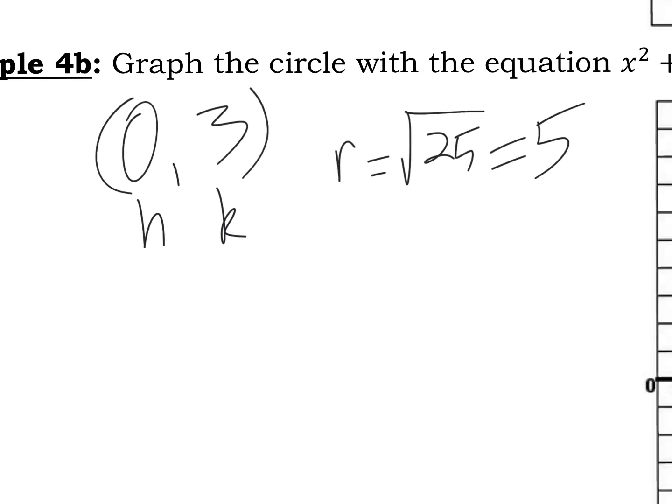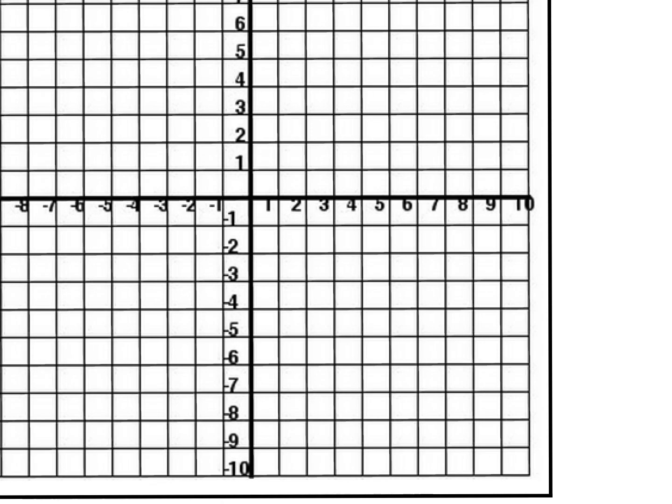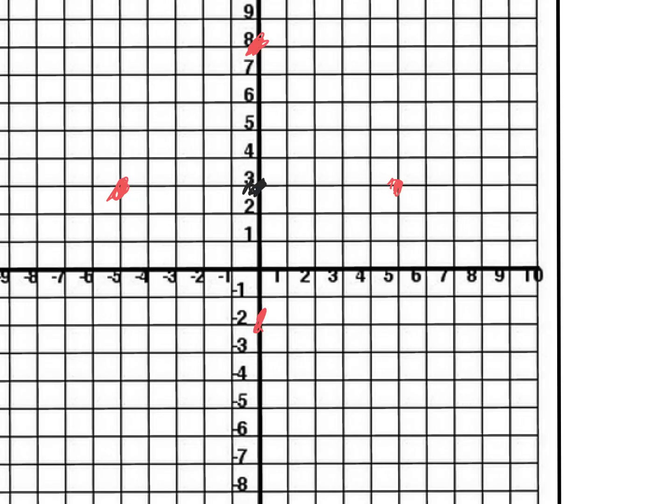So I'm going to go to 0, 3, and plot that point, and then I'll plot 4 points going 5 up, down, left, and right. Okay, I got my 4 points drawn, and now I'll just attempt to draw a circle through it. Not that good, but yeah, that's pretty much it.